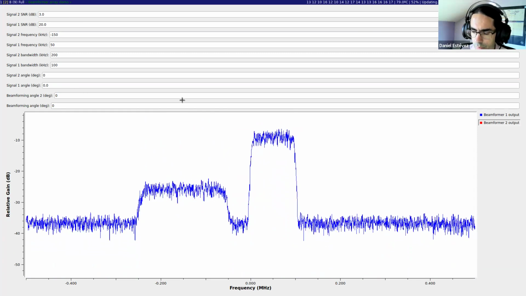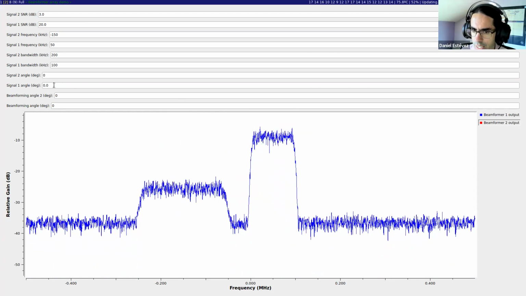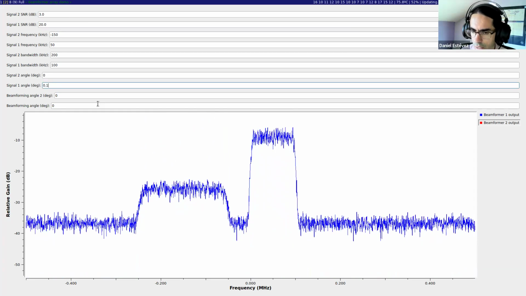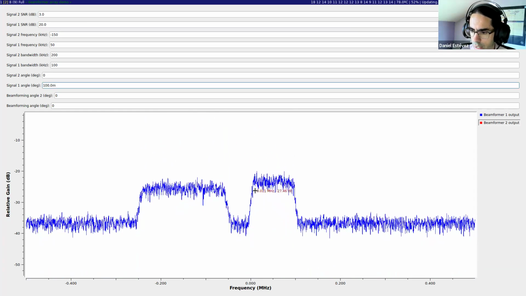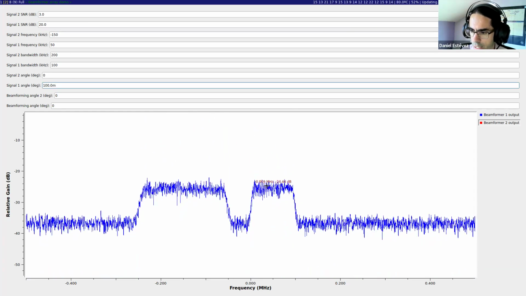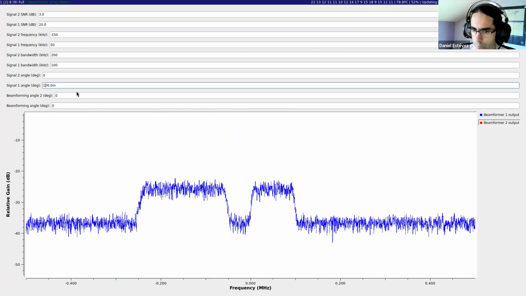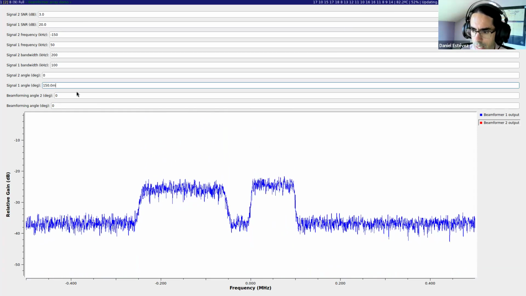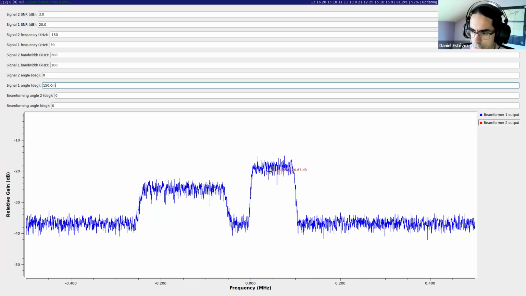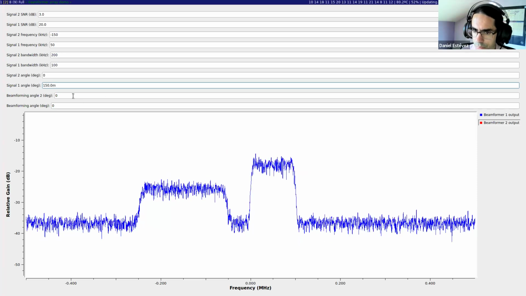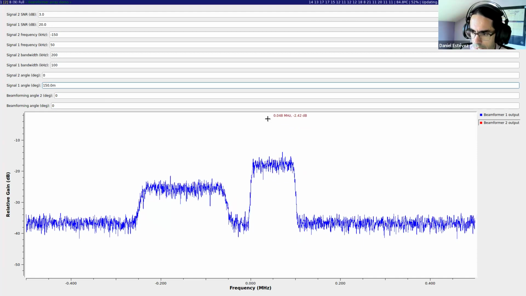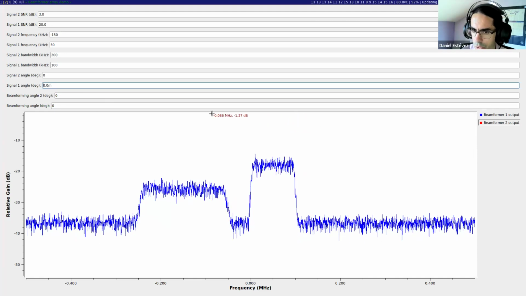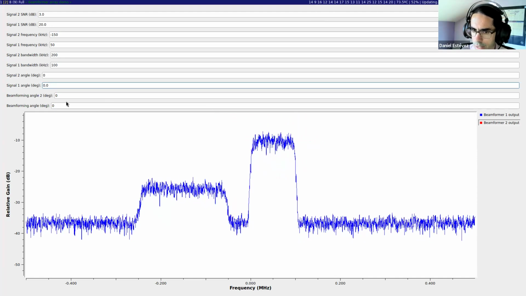So here is when the signal angle is 0 degrees. If I put 0.1 degrees, then I see a huge decrease in amplitude. If I do this, then it increases again, but it doesn't get quite to the original level, which was something like this.